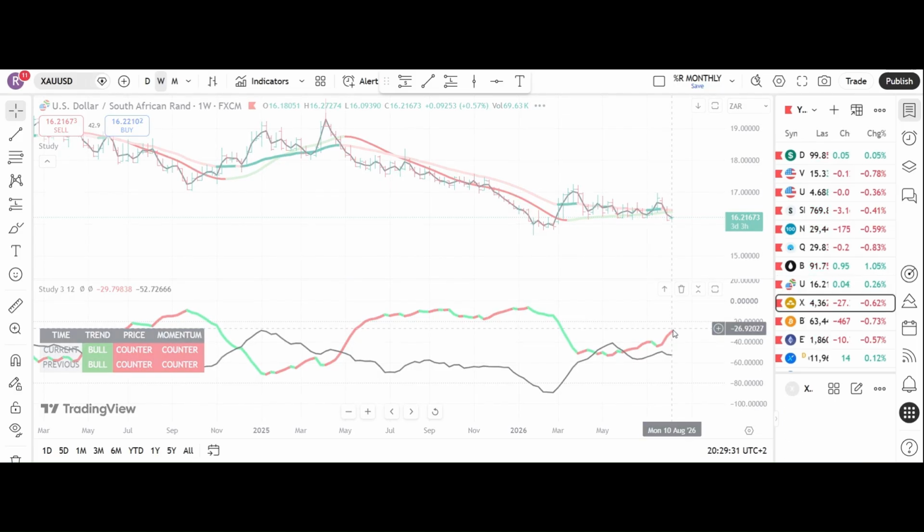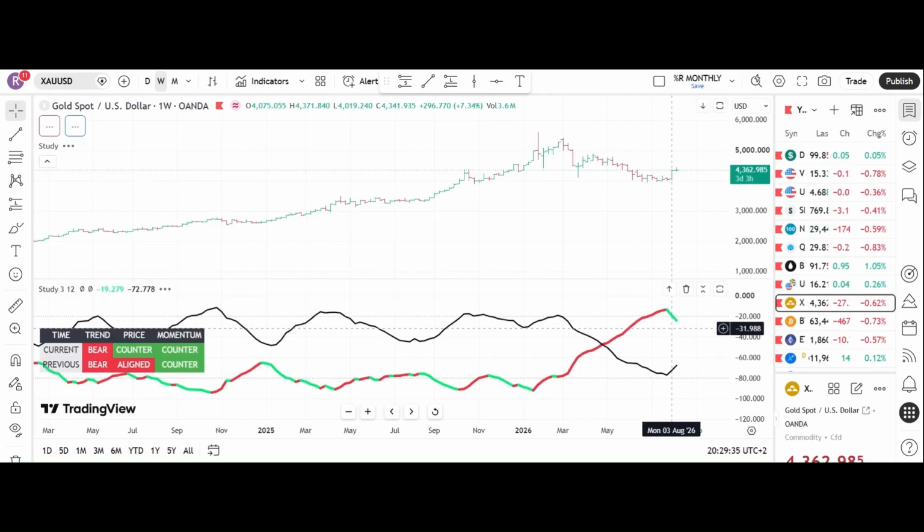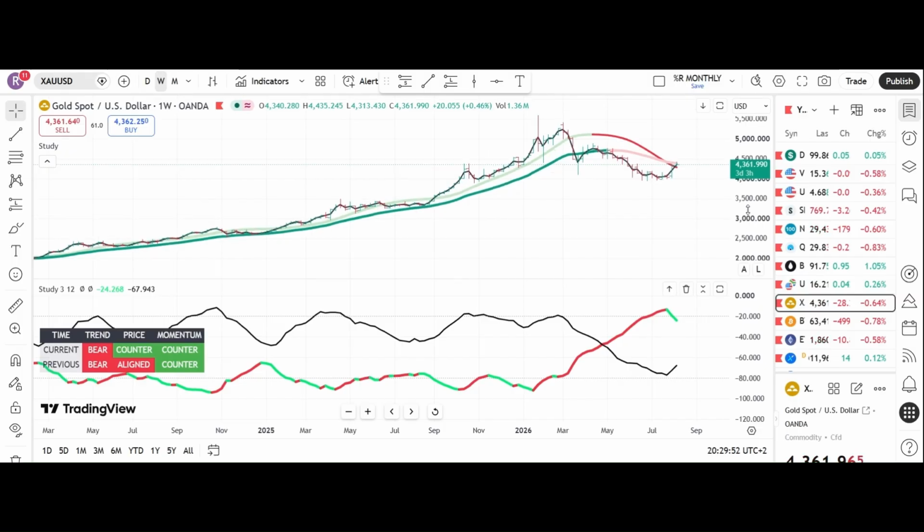Moving to the gold. Gold spot price in US dollar. Very interesting picture here that we still have the bear trend, but there's a strong counter trend in terms of price and a strong counter trend in momentum.